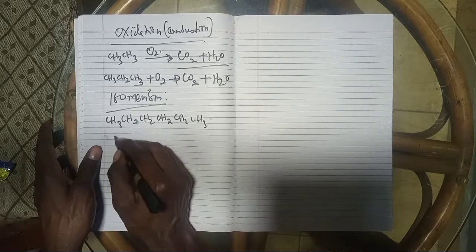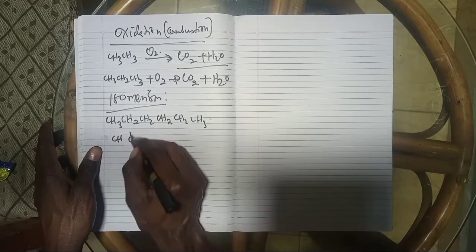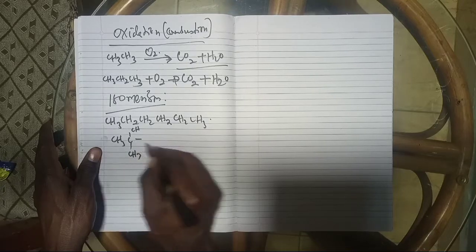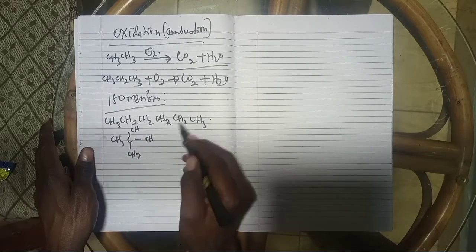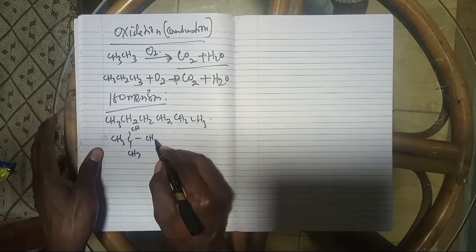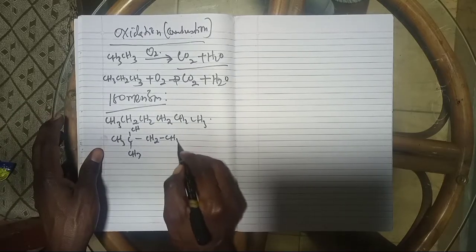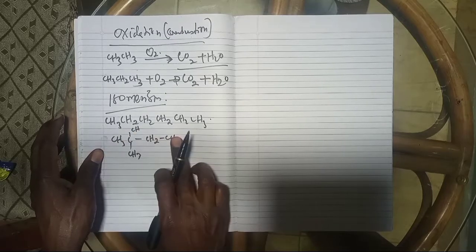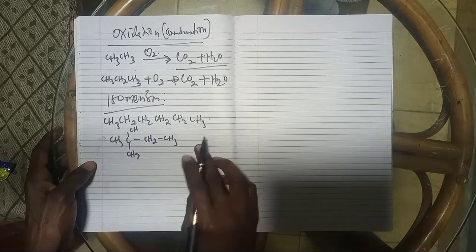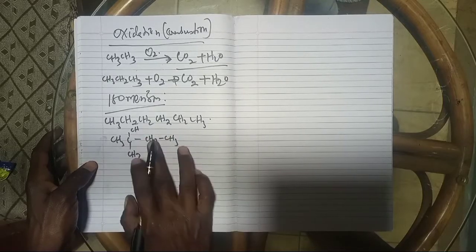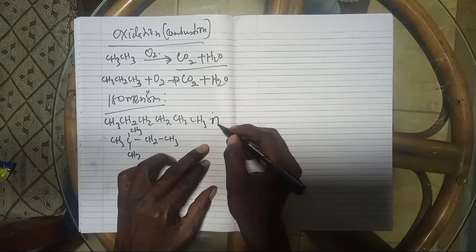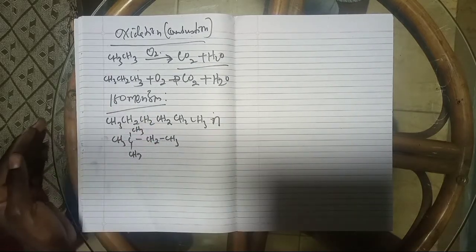Example, this can be written as this one, therefore we have CH3, here we have CH3, here we have CH3, and then here we have CH. Now we have taken 1 2, therefore they are no longer there. We have CH and then we have CH3. Now 1 2 3 4 5 6. So this is another compound. This is neohexane. This is normal hexane. So these are two different compounds.